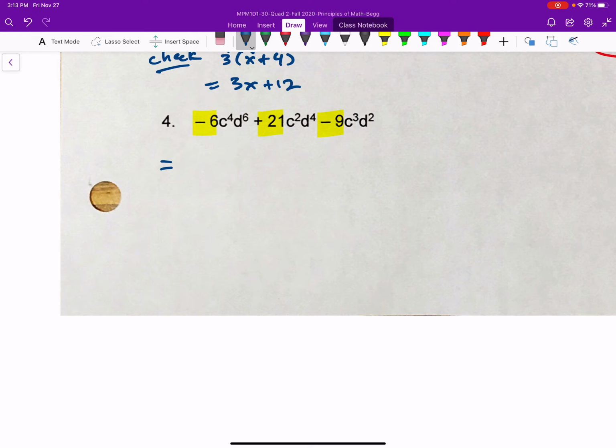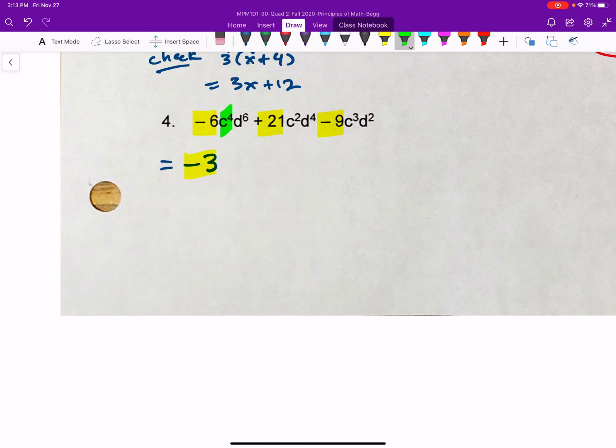If our first number is negative, we'll take out a negative. So since this is a negative 6, I'm going to take out a negative number here. I'm going to look for the biggest number that goes into 6, 21, and 9, and that would be 3. So I'm going to make it a negative 3 as part of my GCF.